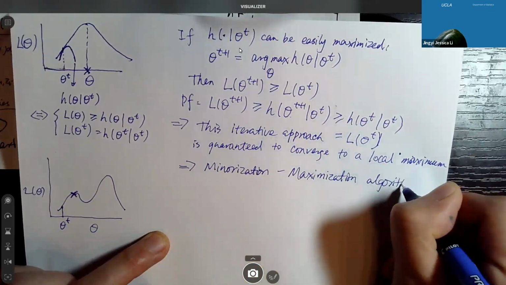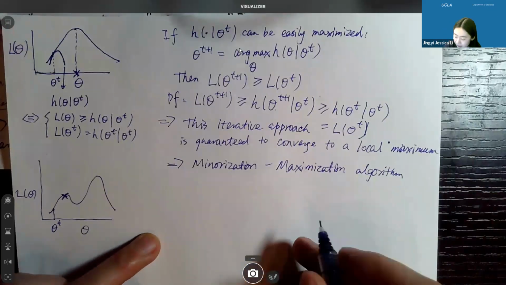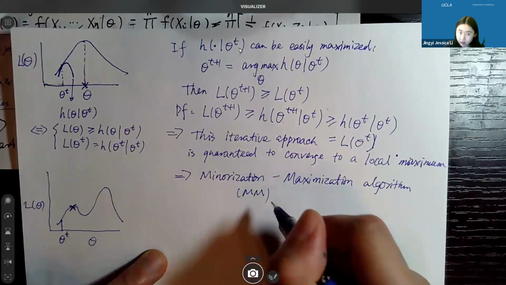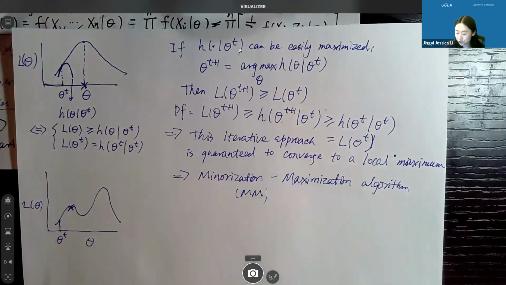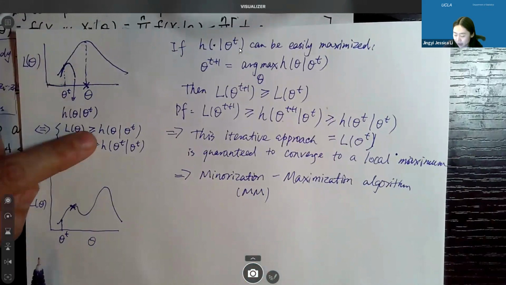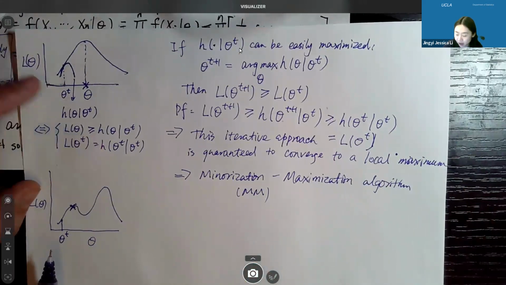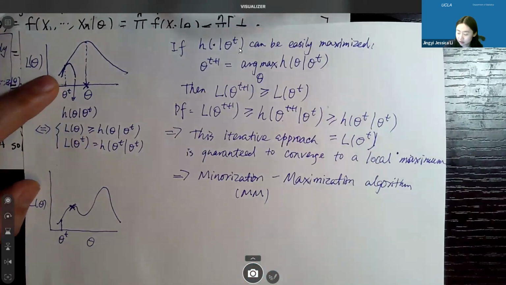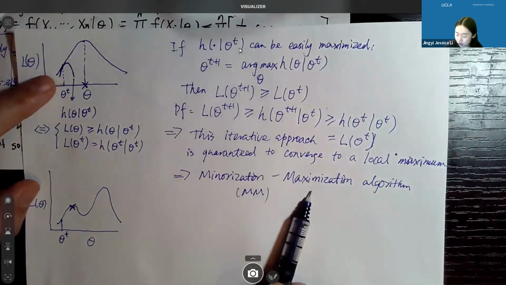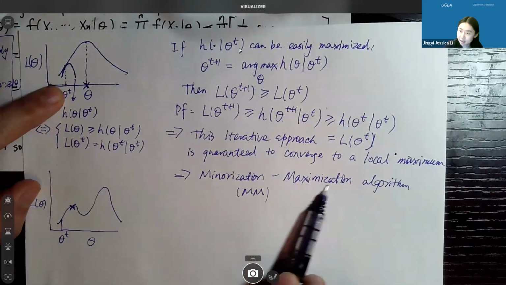Many people call this, in short, the MM algorithm. Here the minorization is saying that the lower bound we find is a minorization of the target function. And the second step is that we try to maximize the function.